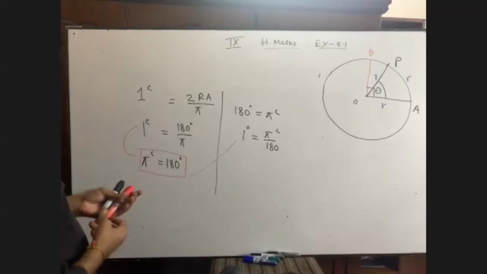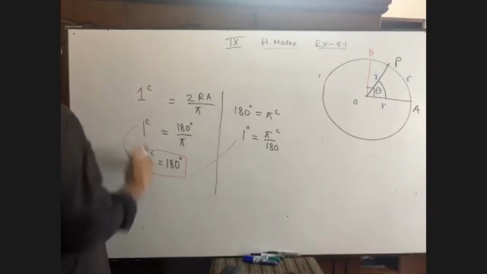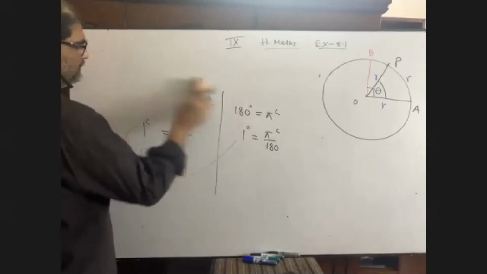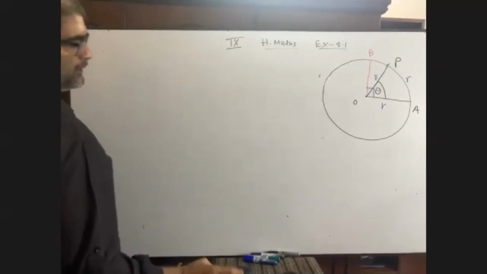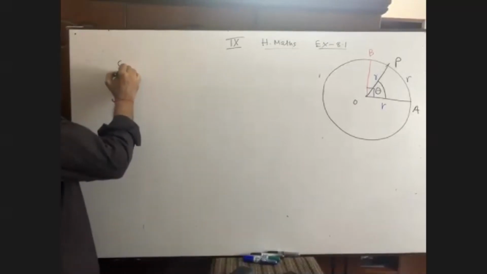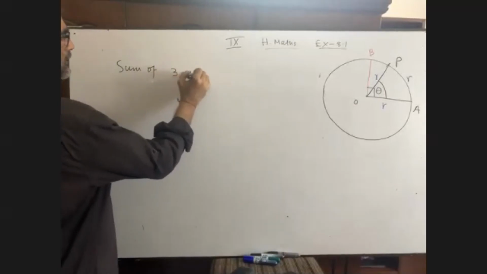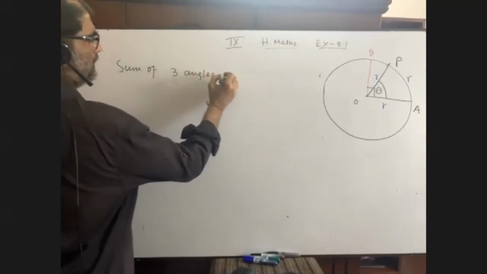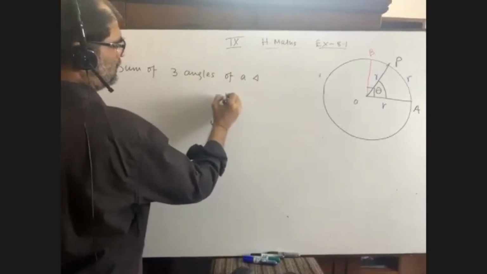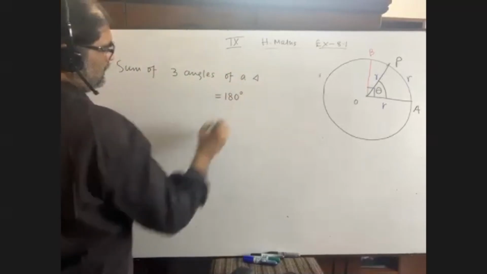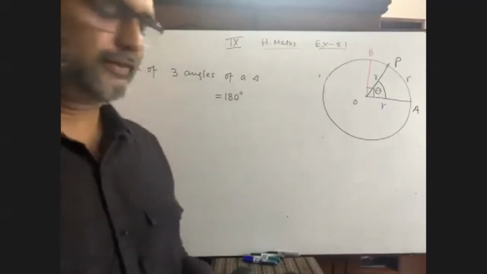Sum of 3 angles equals to what? In a triangle, sum of 3 angles equals to what? Can you please let me know? Talk to me. Sum of 3 angles of a triangle equals to what? 180 degree. But from now onwards, please forget it.